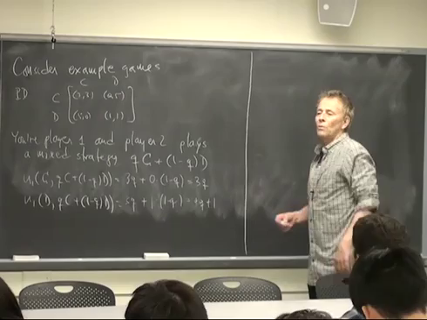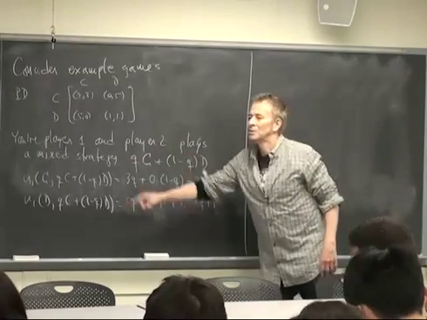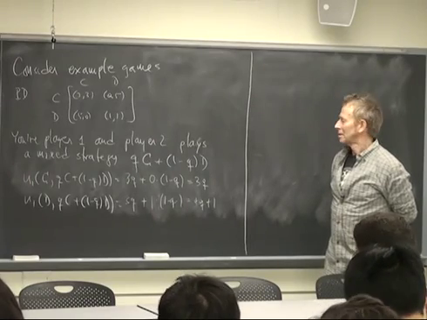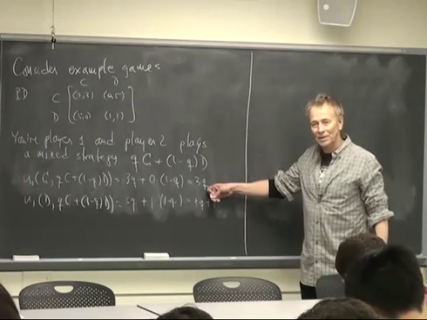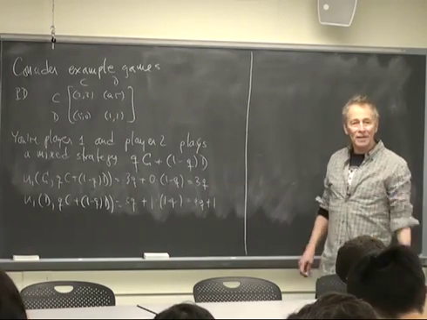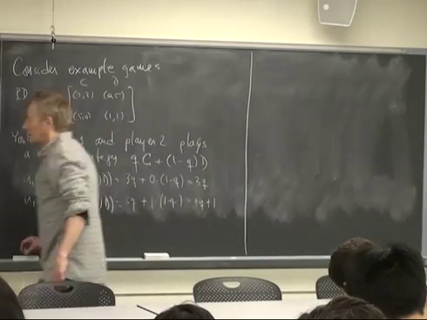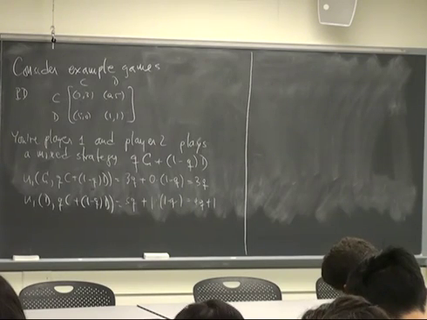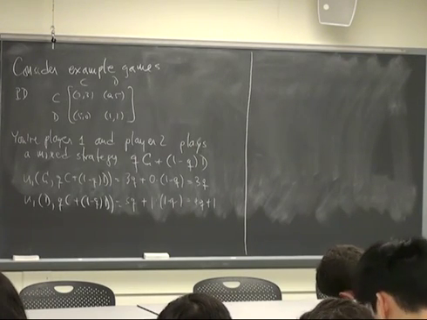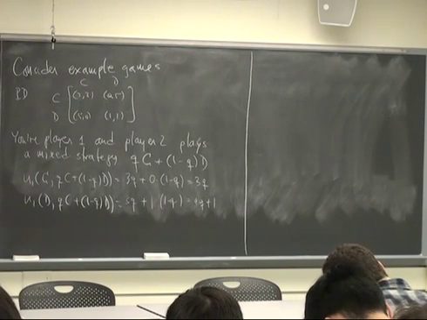So if I'm player 1, what is my best reply to this opposition strategy by player 2? It's always D, because 4Q plus 1 is always bigger than 3Q. In fact, it's strictly bigger than 3Q, no matter what Q is between 0 and 1. And this is a rather trivial example, but it's a good one to start with. It's always good to start small.